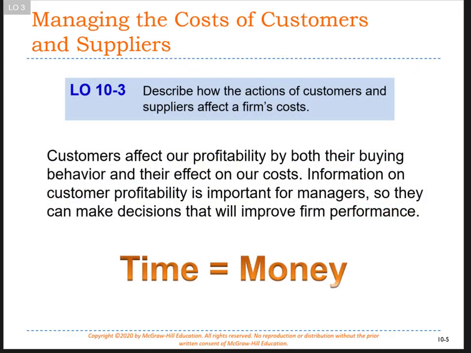So when we are looking at customers and whether they are profitable, our time to serve those customers is money, okay?